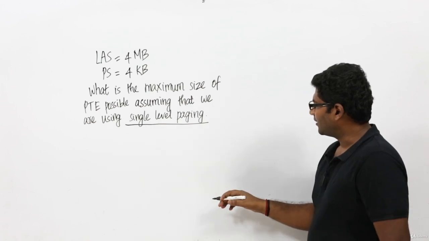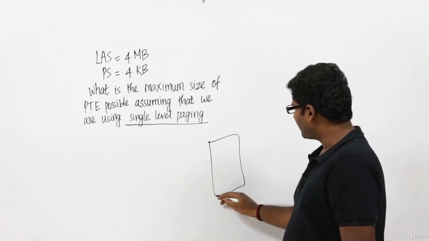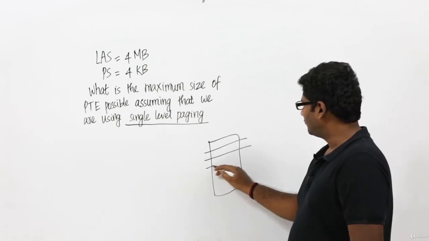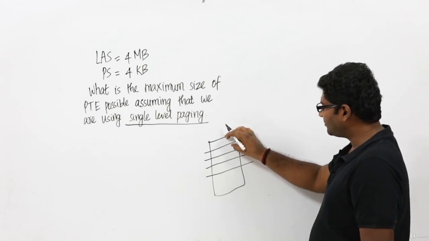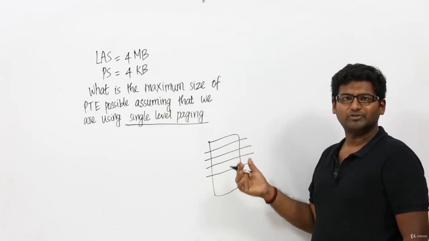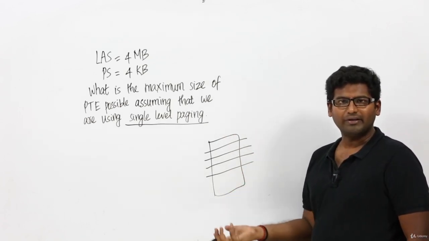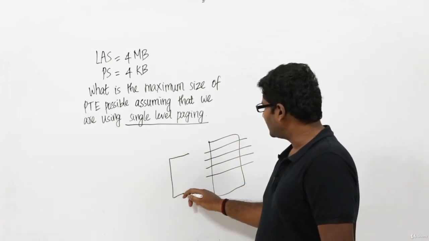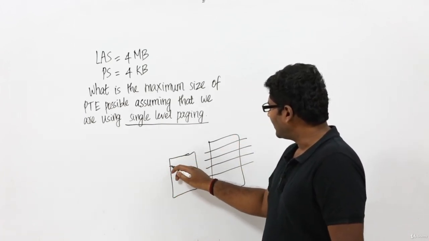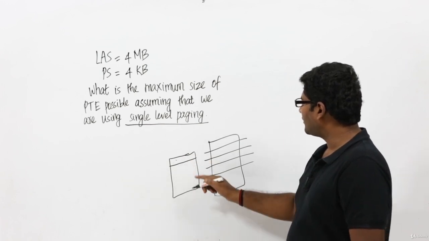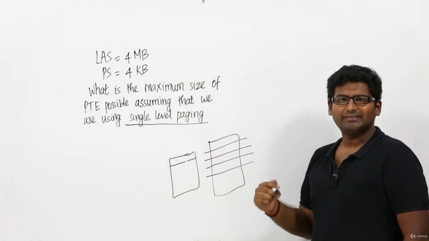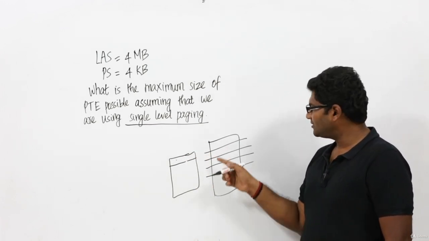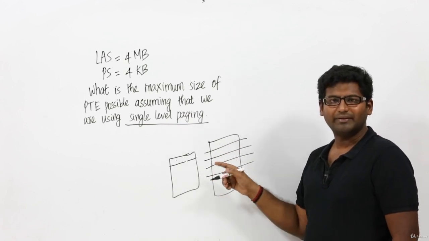We know that we will divide our process into pages, fine. Now we will place these pages in some random frames of RAM. So we are using non-contiguous allocation. For that reason, we came up with something called a page table, right? In the page table, we will maintain an entry for every page, indicating the frame number in which the corresponding page is present.